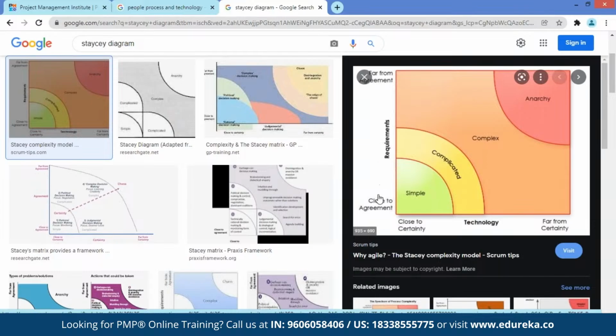When requirements are close to agreement and technology is close to certainty, you can employ a very simple model to work on your projects. But in this spectrum, where we talk about complicated and complex decision making, your requirements are not close to agreement, hovering between close to agreement and far from agreement, and technology between close to certainty and far from certainty. So this is where we talk about complex and complicated decision making.